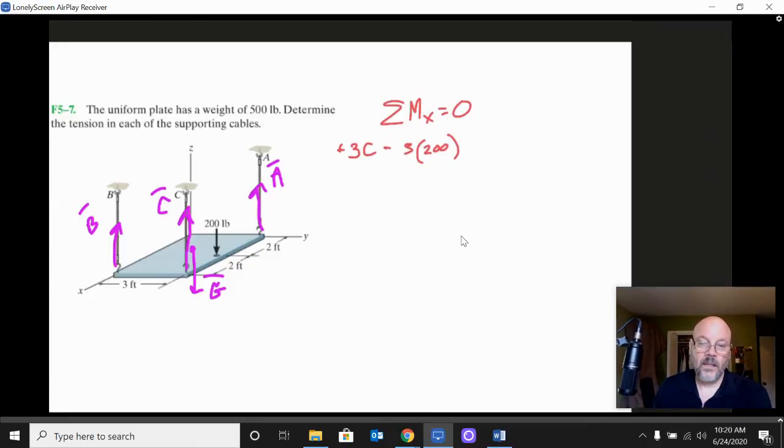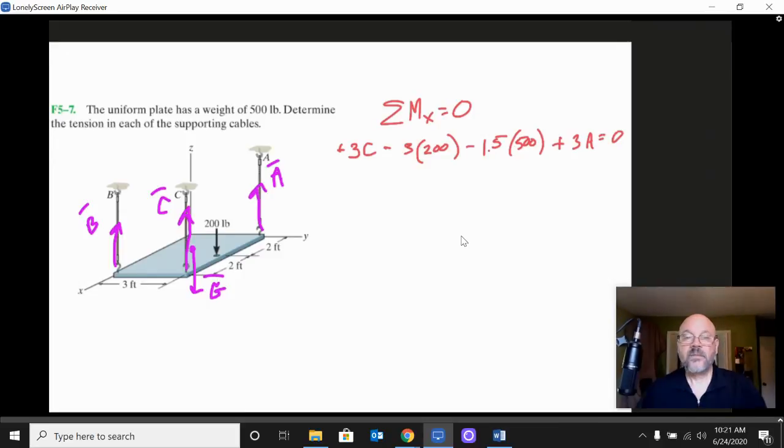G is out there at a distance of 1.5, and it's also going to be negative. And then finally, we've got A. A is out there at a distance of 3, so we got 3A, and it also is positive.